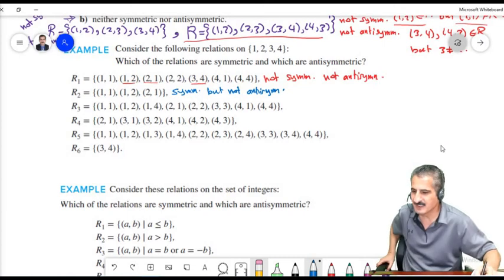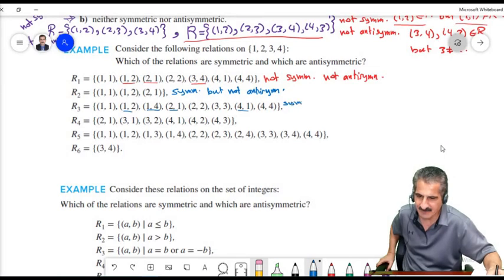So we have (1, 2) here, (2, 1) here, (1, 4), (4, 1), and so it is symmetric. Ibtisam, good. Is it anti-symmetric?